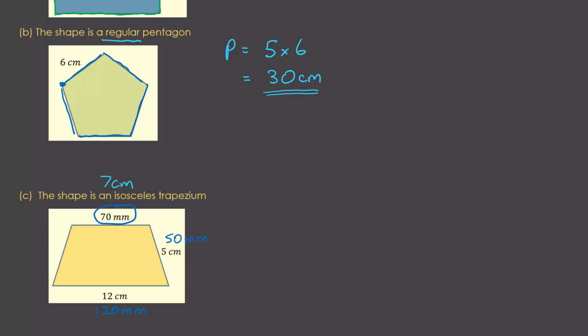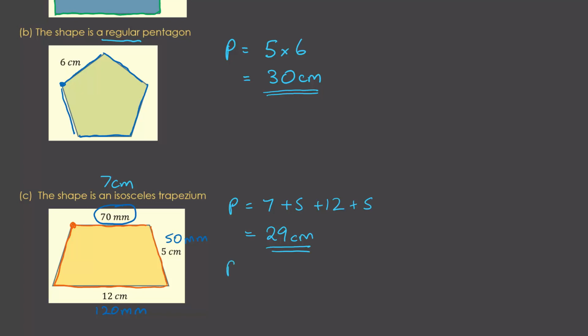So if I take the approach of going to a corner and walking around the shape like so, then if I work in centimetres, I went 7, add 5, add 12, add 5. So that's altogether 29 centimetres.